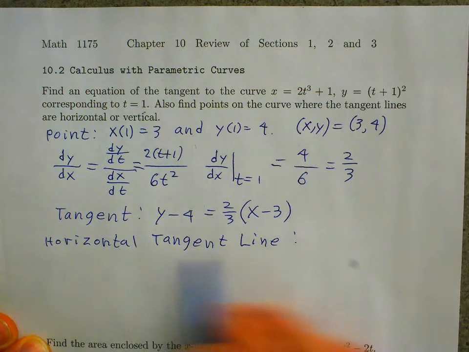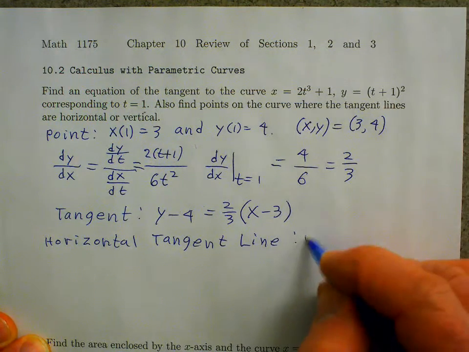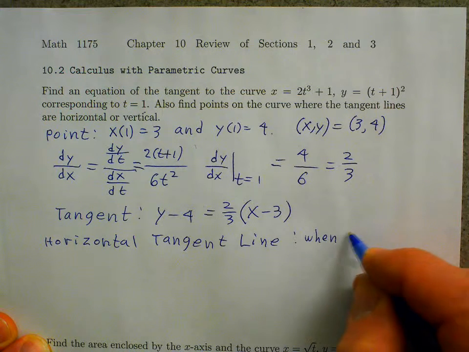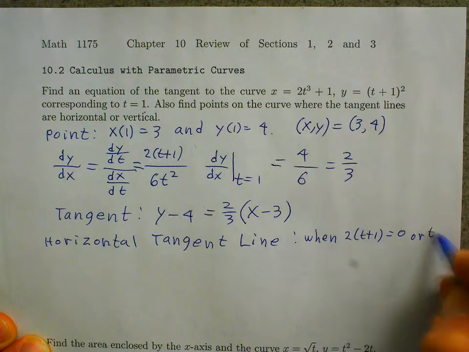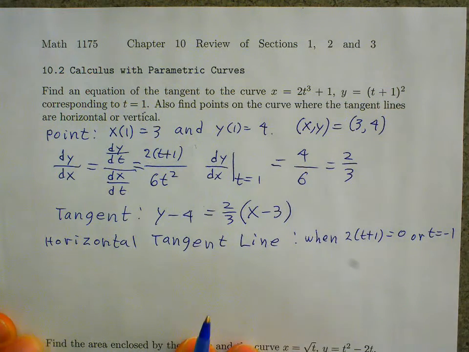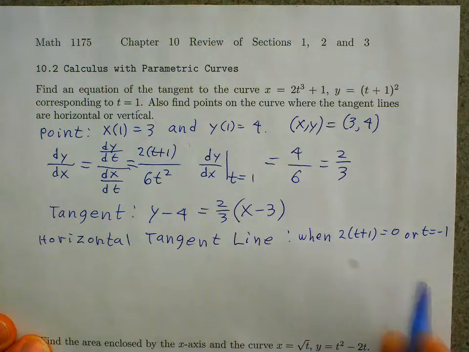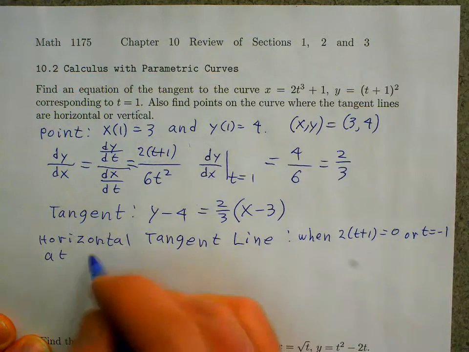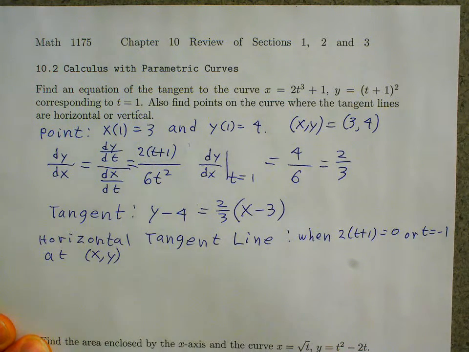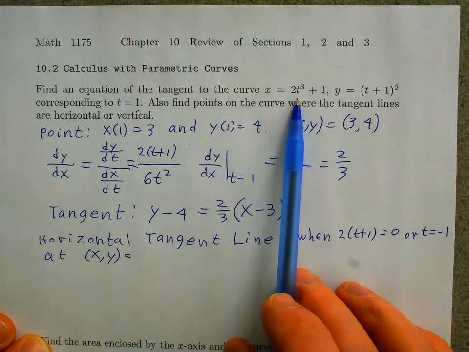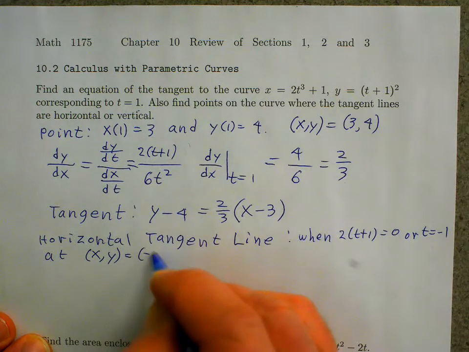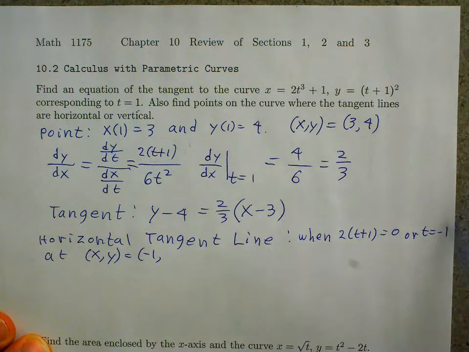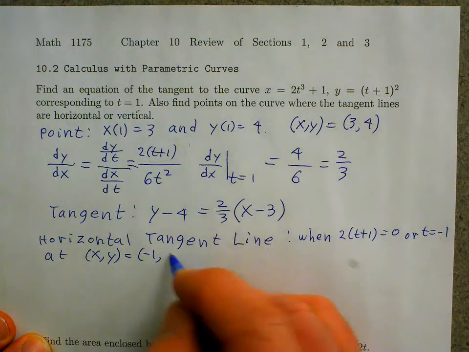So the horizontal tangent line occurs when 2 times (t plus 1) is 0, or when t equals -1. And we can find the point in x and y coordinates when t equals -1. 2 times -1 to the third plus 1 is -1 for x, and then (-1 plus 1) squared is 0.